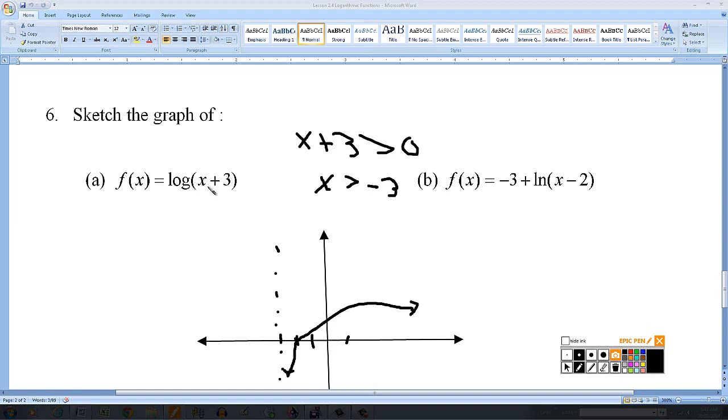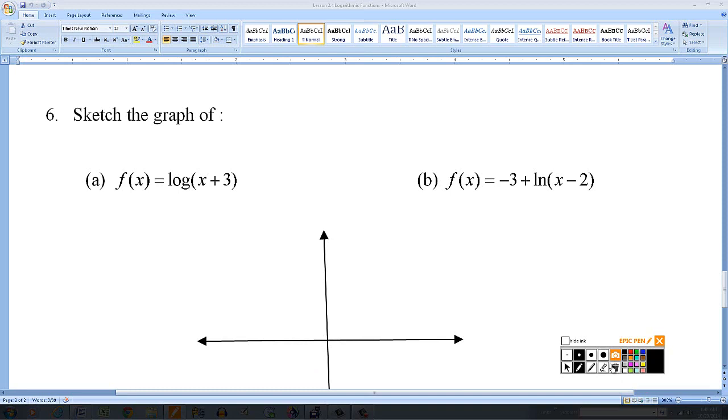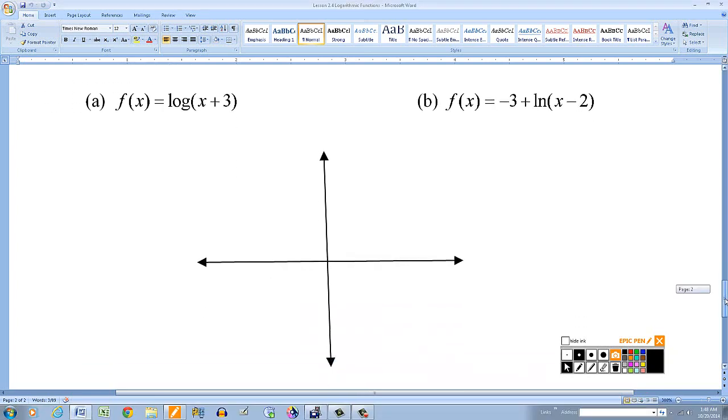And we clear this. The next one, again, this is natural log, so ignore this -3 and the -2 for now. This is base e, and e is approximately 2 point something, a number larger than 2.